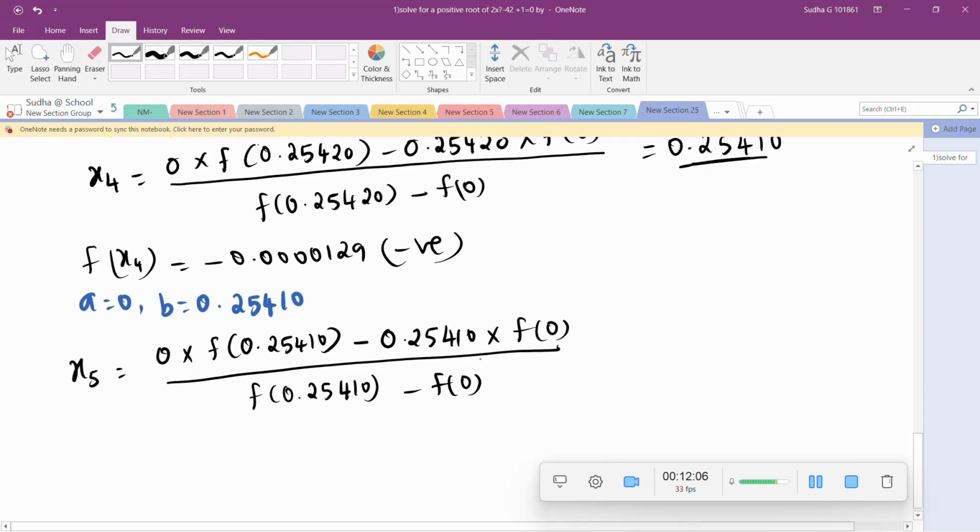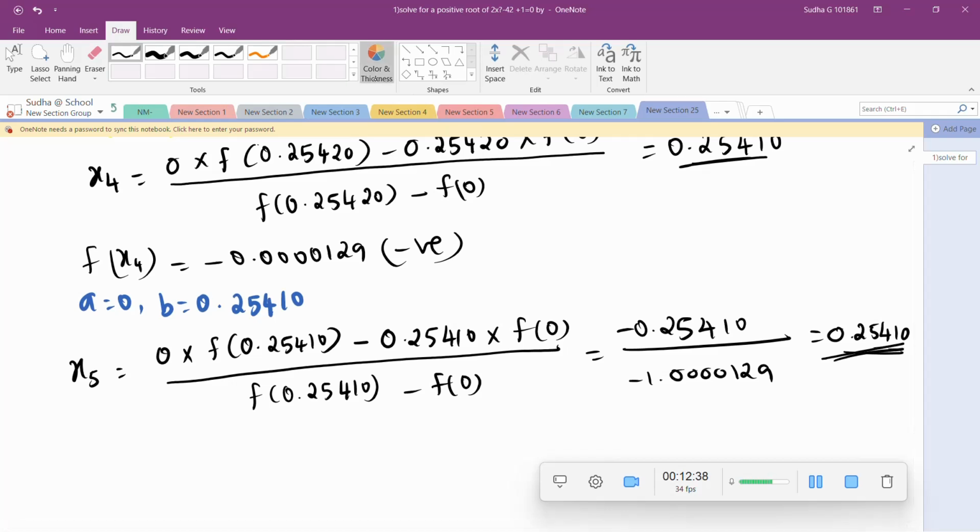Using calculator, simplify this. Then we'll get minus 0.25410 divided by minus 1.4012936. So simplify this again, we'll get the answer 0.25410.